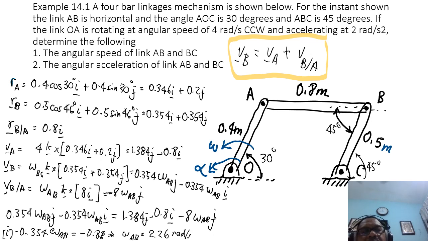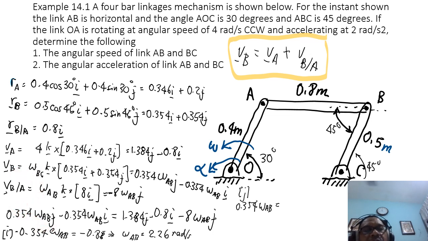First question, that is the first answer. And then when you look at the J parts, 0.354 omega AB equals 1.384 J. VB, omega BC, VB equals to, oh, I've made a mistake here.